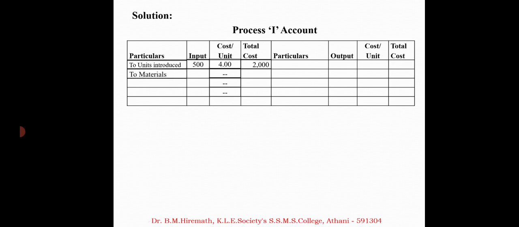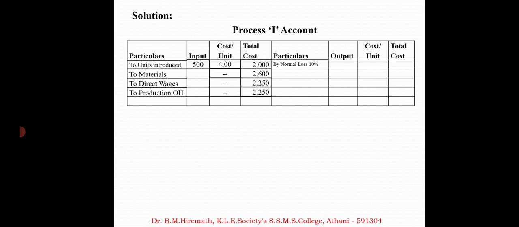Then other expenses: materials 2600, then direct wages 2250, then production overheads. It is absorbed as a percentage of direct wages, so after calculation it comes to 2250.